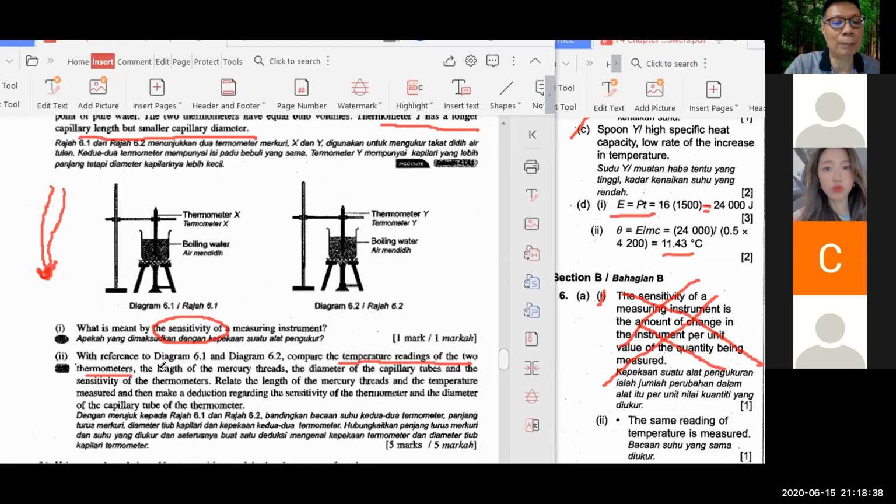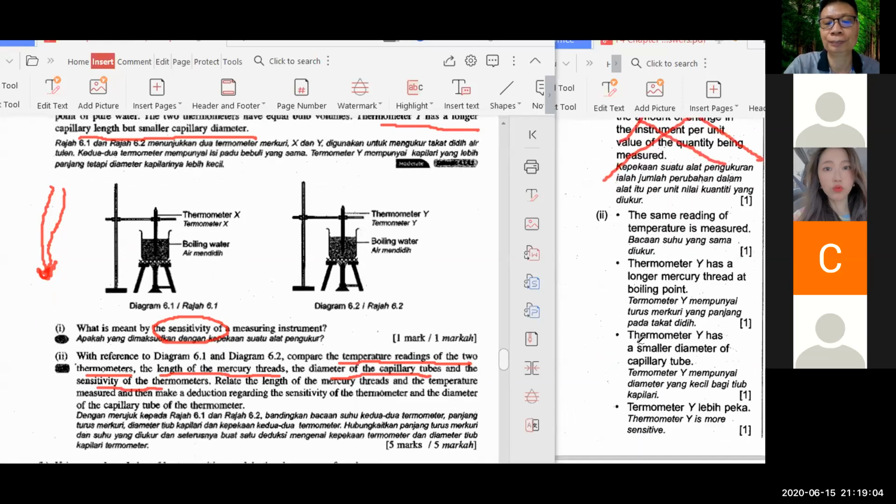Then the length of mercury thread. Just now the question already said this one is longer than this, correct? And the diameter of capillary tube: this one is narrow, this one is bigger. It is given already. The sensitivity of the thermometer: we know this one is more sensitive than this. Let's see the answer.